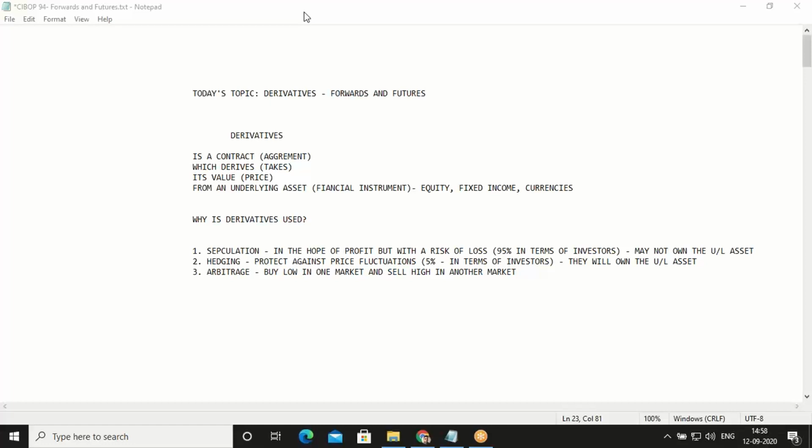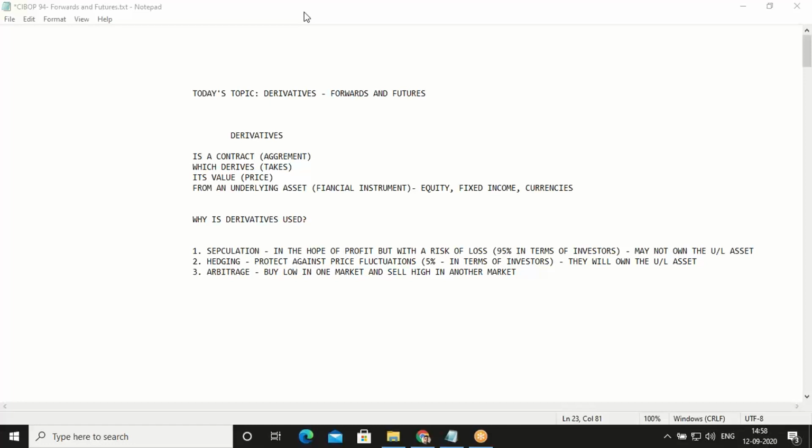If you don't own the underlying asset, you're a speculator. Just keep it simple. You can do a 1 month or a 3 months futures contract, and if you don't own the underlying asset, you're still a speculator. So the idea is, do you own it or not? If you own it, you're a hedger. If you don't own it, you're a speculator. Okay, thank you, sir.